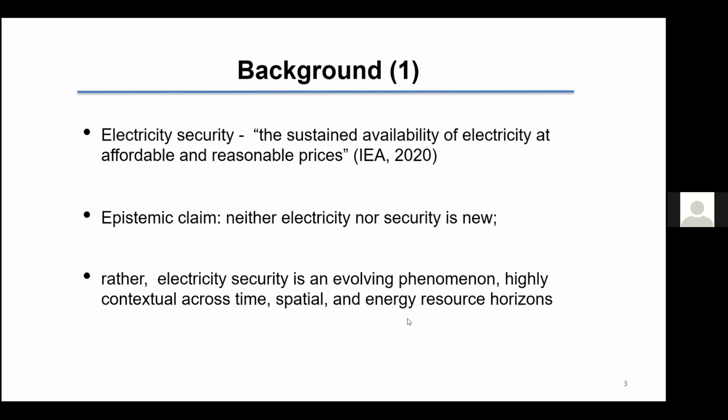On one, the focus of my study, the approach here: electricity security has been largely analyzed at two levels, what we call the micro level, including institutions and households, which are called units, but also at the macro level.